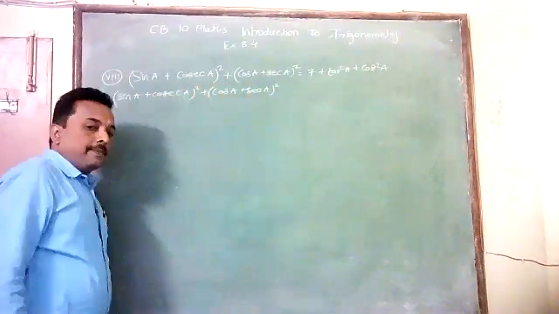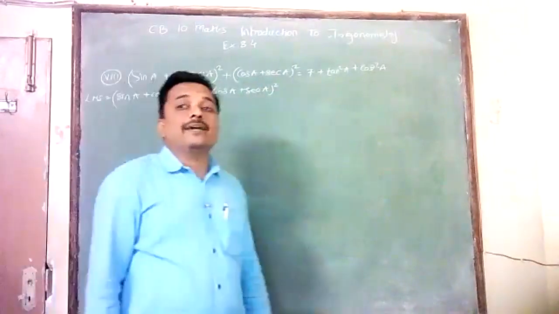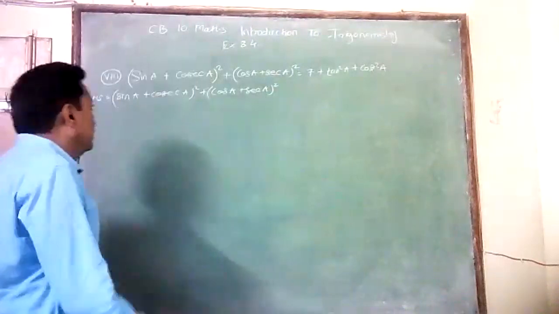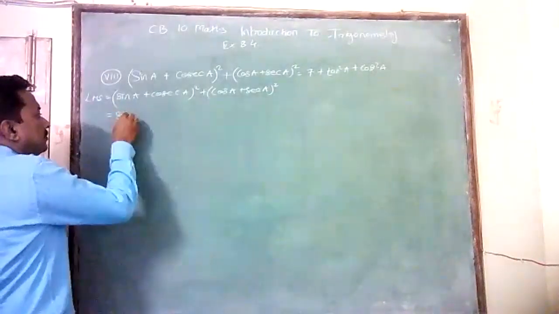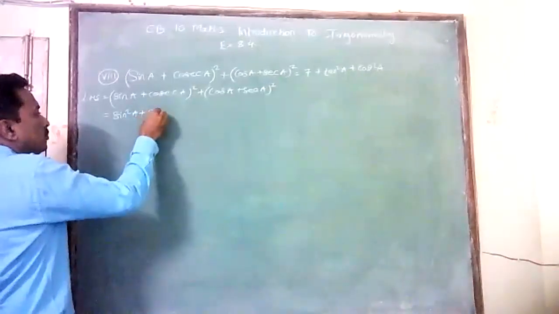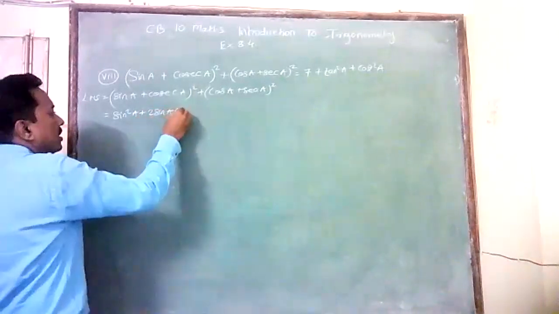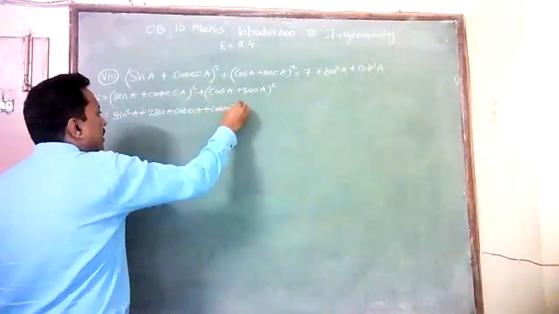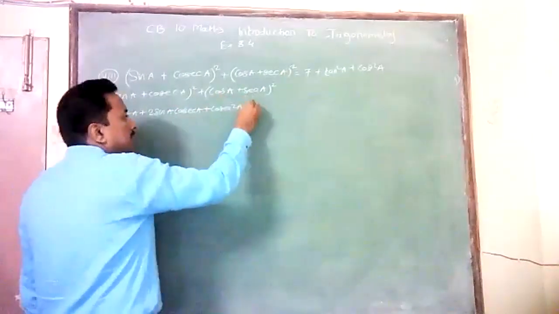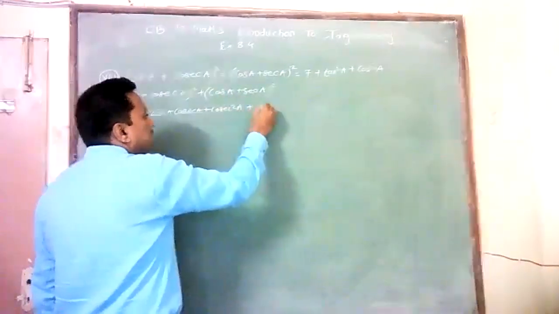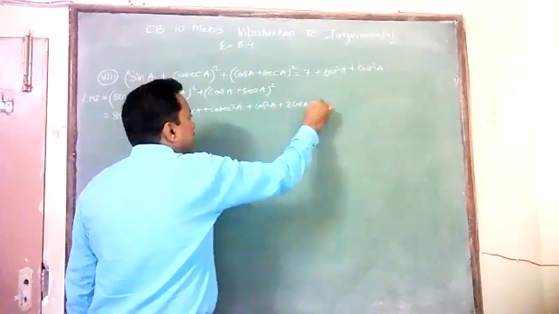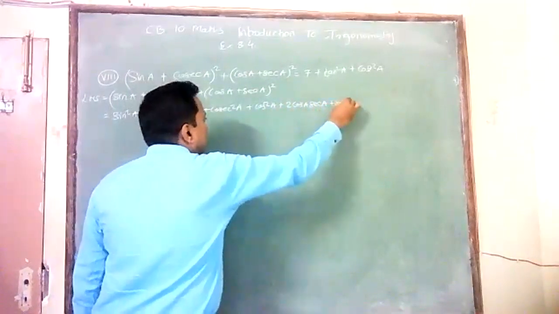So students, यहाँ पे हमें यूज करना है आइडेंटिटी a plus b whole bracket square, so a square plus 2ab plus b square. So this becomes sin square a plus 2 sin a cosec a plus cosec square a. And this one, cos square a plus 2 cos a sec a and then sec square a.